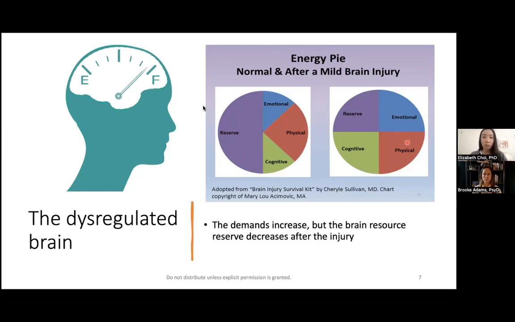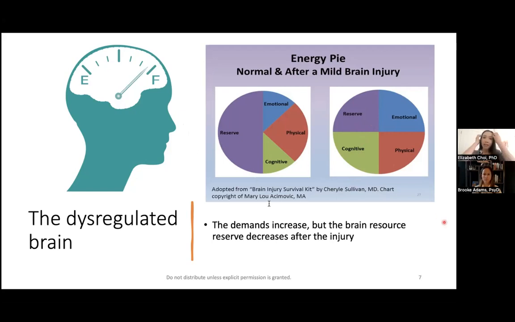There might be financial disruptions or concerns. There might be increased stress surrounding changes in our environment and the way we look at our own abilities as well. So you see that our reserve here may not be sufficient to address all these other demands, and it often might lead to feeling very overwhelmed.